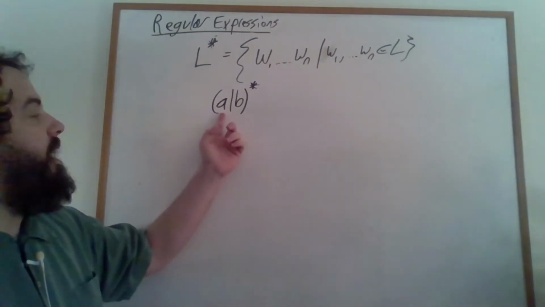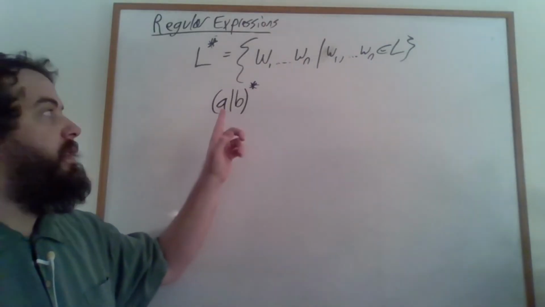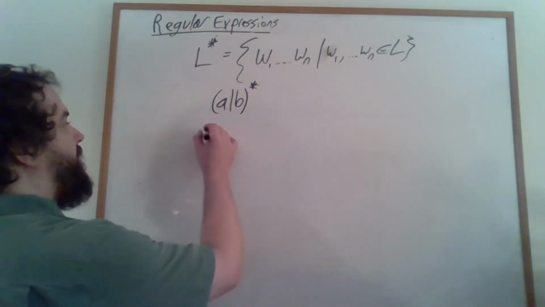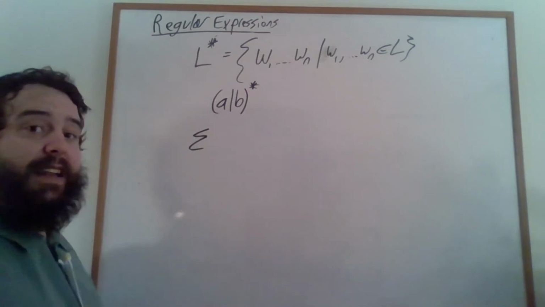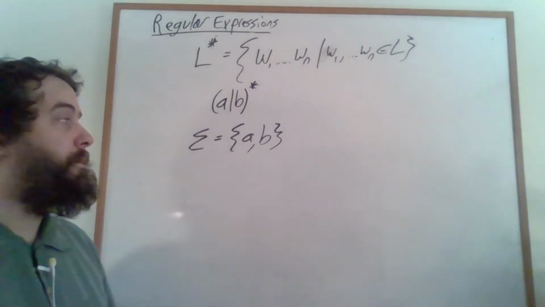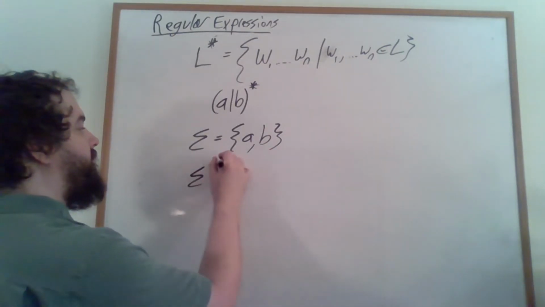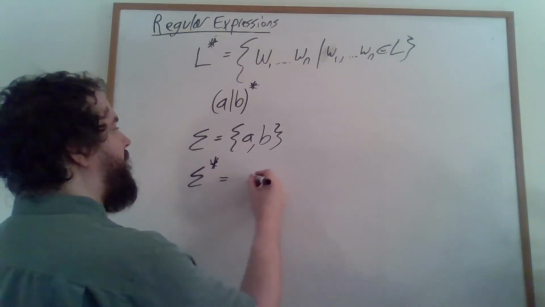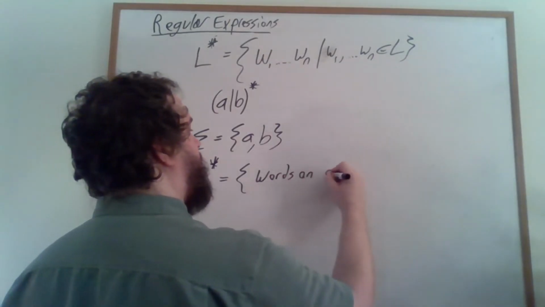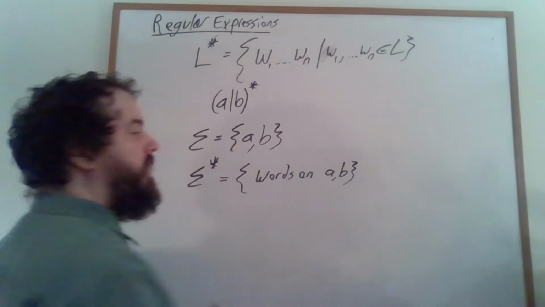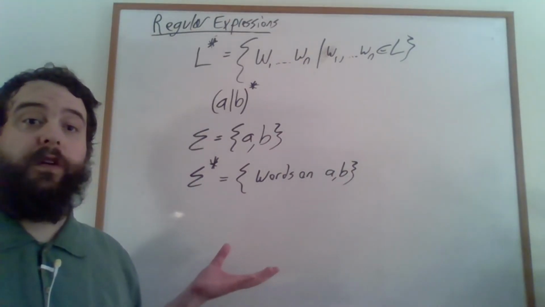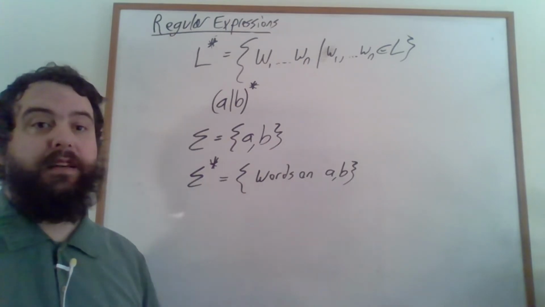So what this does is it gives us all words that consist of the letters A and B. And so if we use sigma to represent the set of letters, the alphabet, then we can use sigma star to represent the set of all words on the letters A and B. Again, including the empty word and including words of length 1, specifically A and B.